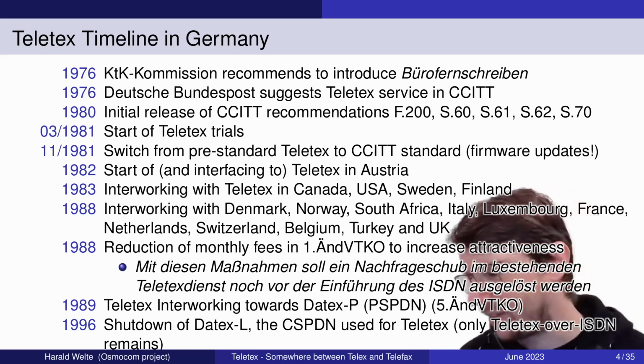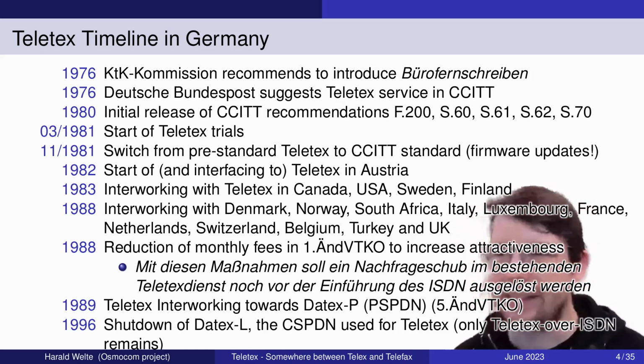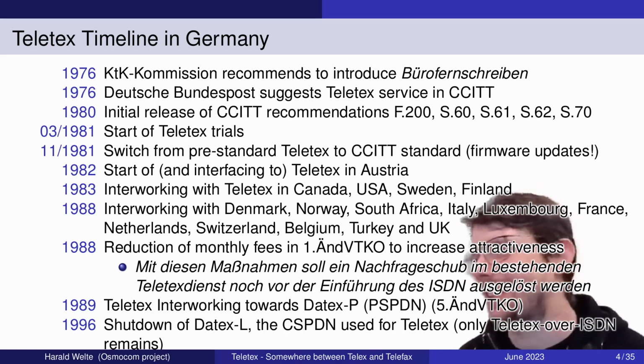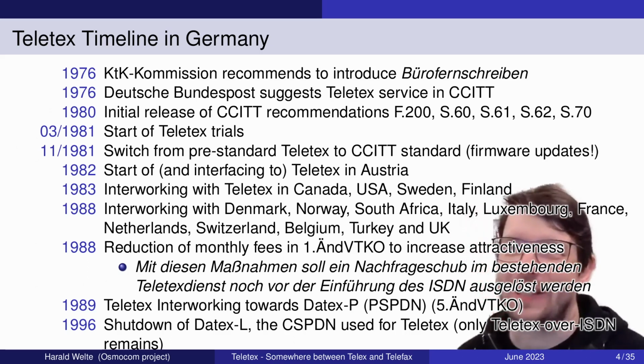It's not a law, but a directive, I think. And to increase the attractiveness, they reduce the monthly fees, and they have some kind of trial subscriptions and all kinds of marketing mechanisms to try to get more subscribers.